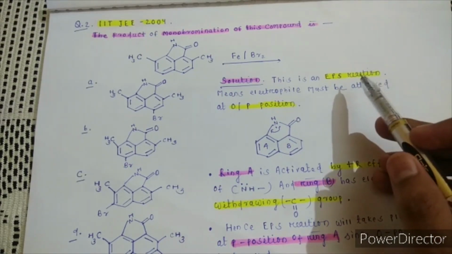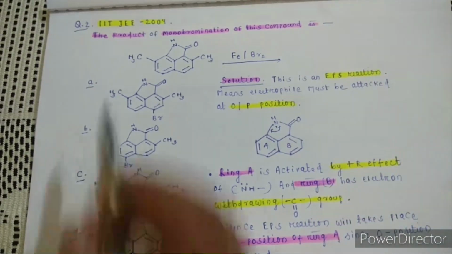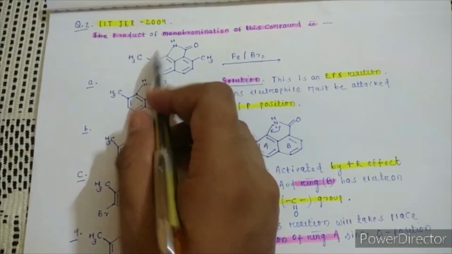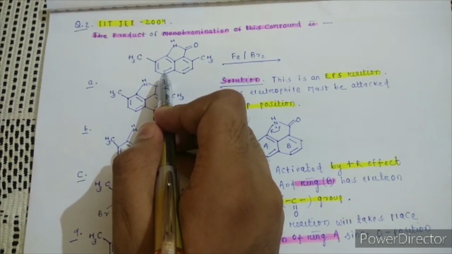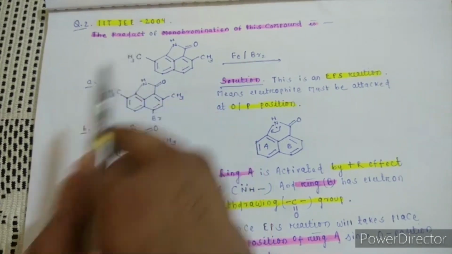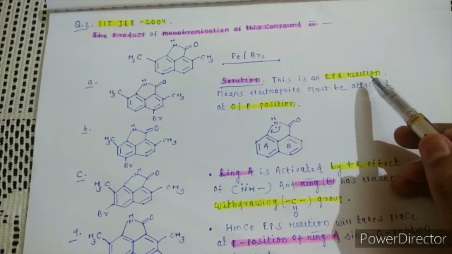The electrophile will attach either to this ring or to this ring. You have to find out which ring has the more electron rich position, and there only the Br atom will attach.